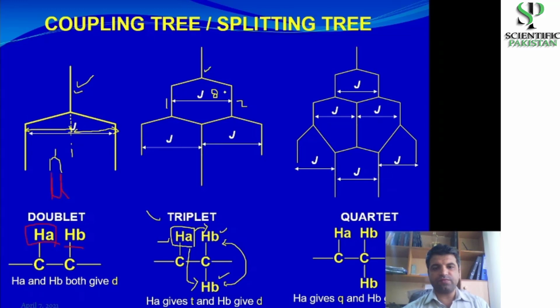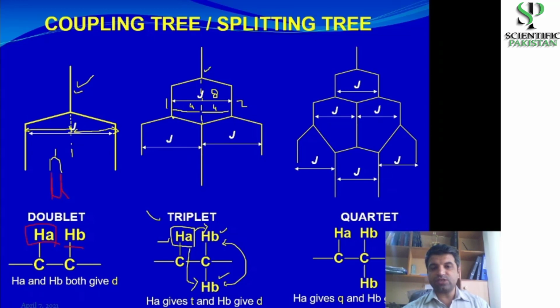So if this splitting because of the first Hb is equal to 8 Hertz, this means, as I told you earlier, that this splitting is equidistant to the left and to the right, which means that the distance from this line to the center will be equal to 4 Hertz, and the distance from the center to this line will also be equal to 4 Hertz. Right? Now, the splitting occurs because of the second Hb as well.